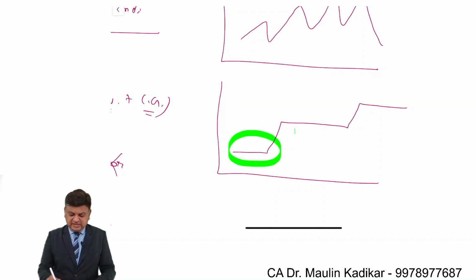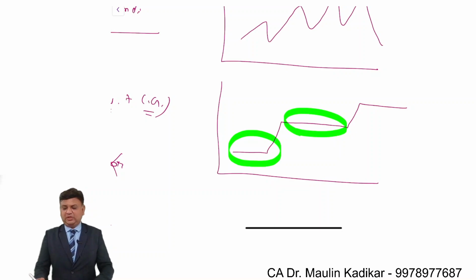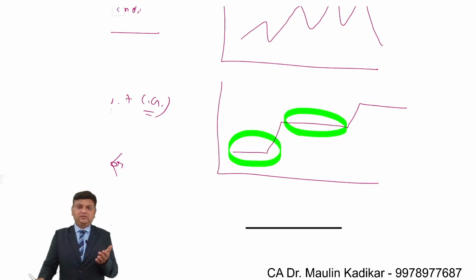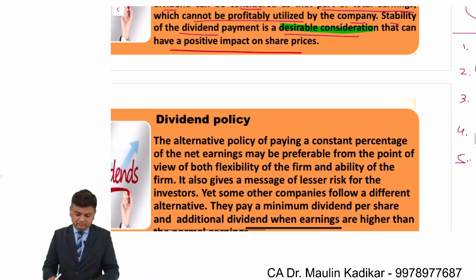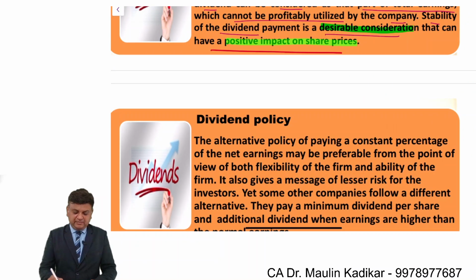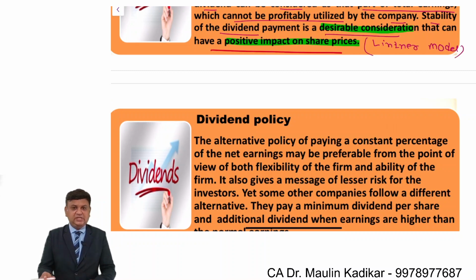If not, then they maintain it, or they give an increase. So every year they maintain the previous year's dividend amount, and if possible, they give an increase in it. That is the way you should have the stability of the payment of dividend, and it will have a positive impact on the share price. And this is what is provided by the Lintner model. You can always mention these things additionally.